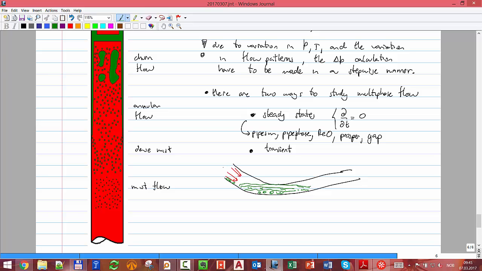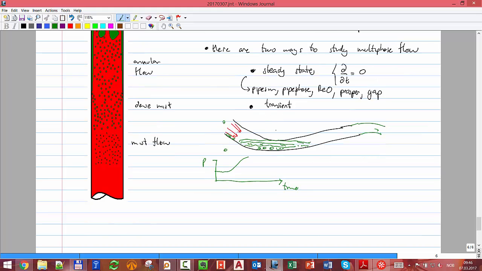When it blocks the pipe, the pressure starts to increase because of the blockage. If you plot the pressure versus time, initially you had a constant, then it starts increasing until it reaches one point where it is able to flush, and it sweeps all the liquid to the next section.